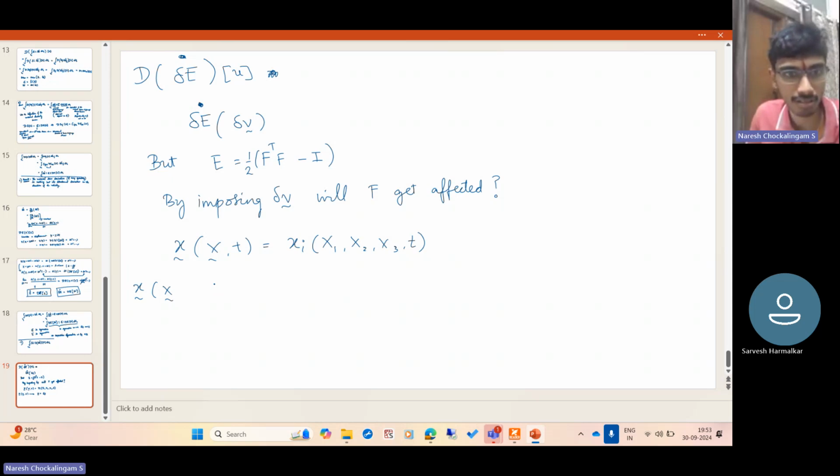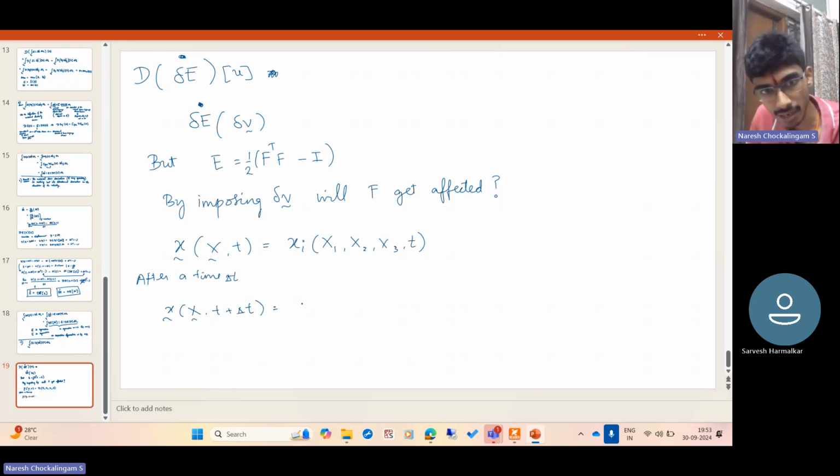We have x as a deformation. I'm imposing some virtual velocity field, which means after a time delta t, what happens? X of x comma t plus delta t will be x of x comma t plus this del v times delta t. That is what it means.